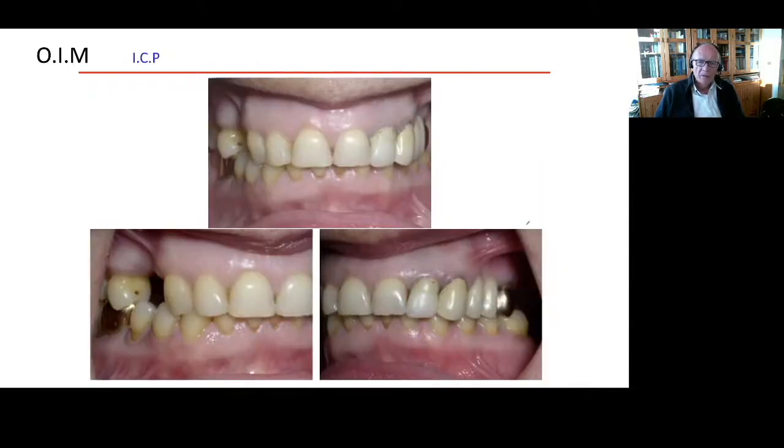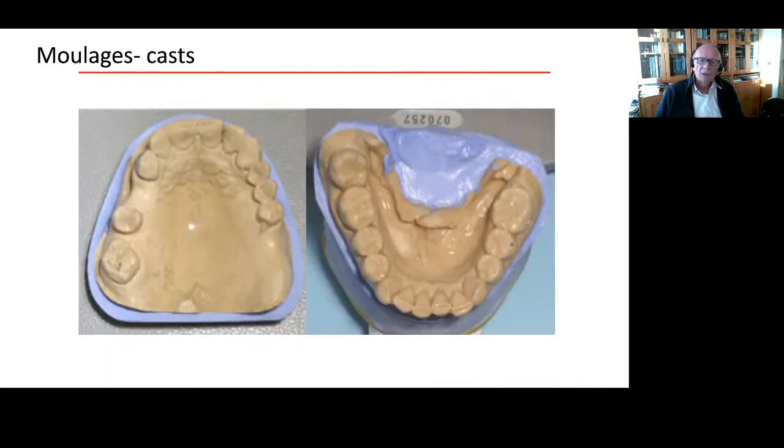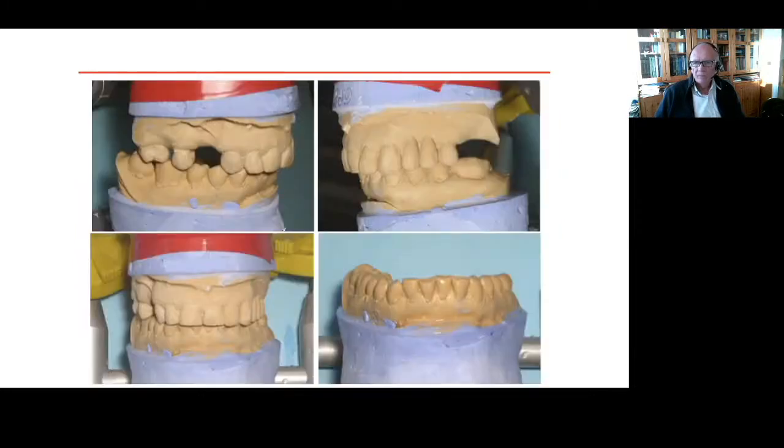The ICP, initial ICP, the cast, and we can see here it is not a strong posterior support. We have also Braxton's facets.